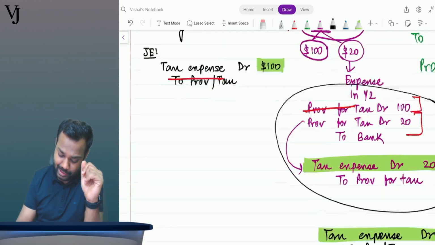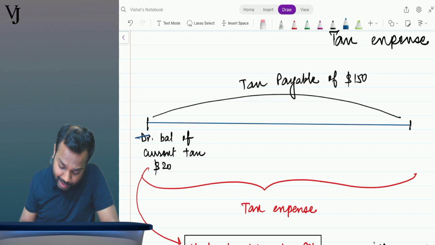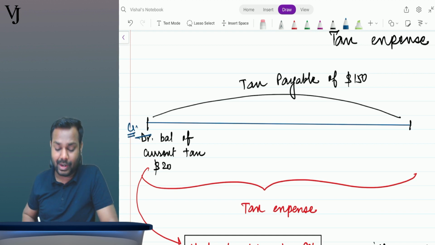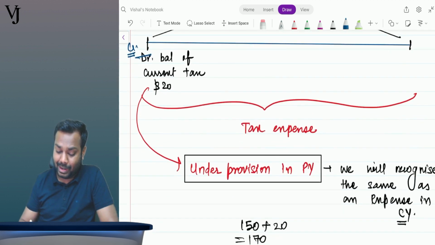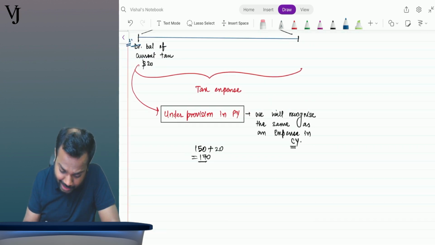The question can come: what if there is a credit balance of current tax amounting to $20 and you have a tax payable of 150? Credit balance, I am writing with the blue pen.